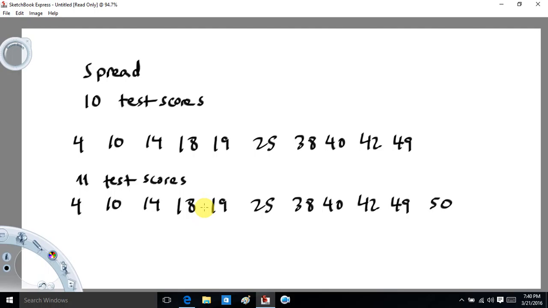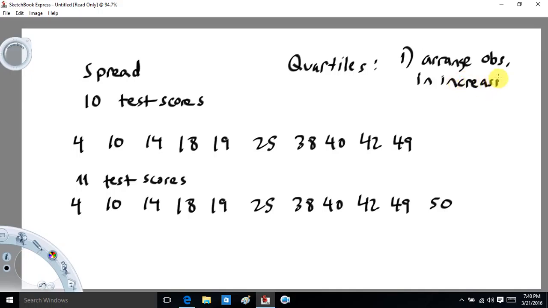To calculate the quartiles, you must first arrange the observations in increasing order, and that's already done for us. And locate the median.